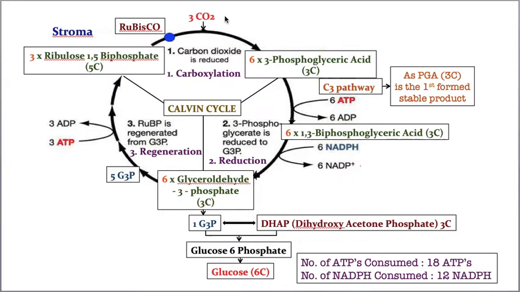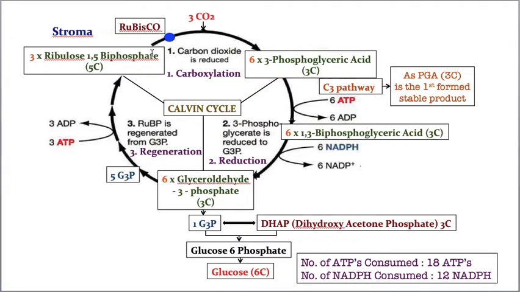How do they come? I already told you. Stomata is the one that helps in getting the carbon dioxide. Now three carbon dioxides enter into the stroma of the chloroplast, and these three carbon dioxides react with RUBP. What is RUBP? RUBP means ribulose 1,5 bisphosphate.